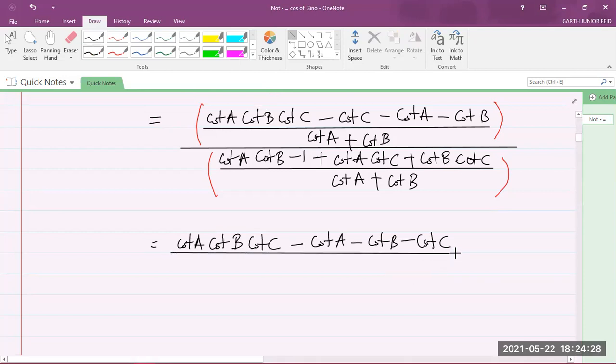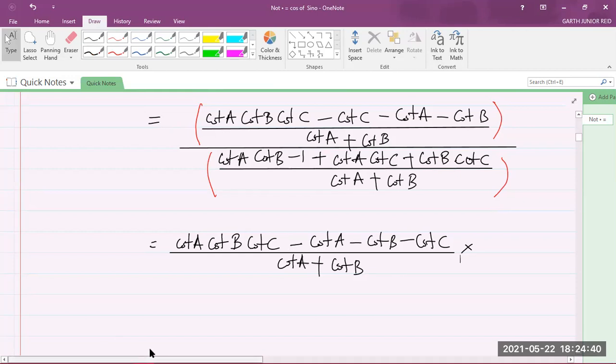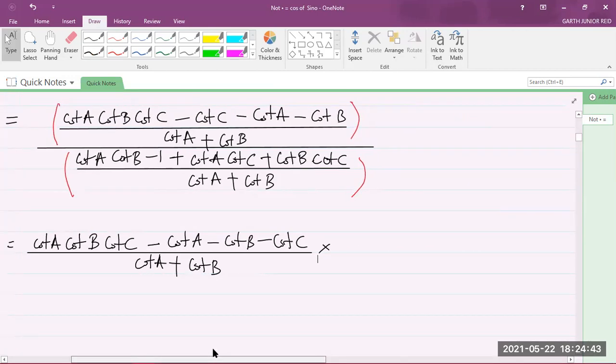And I'm dividing this by cot A plus cot B. That's my first fraction. And I'm multiplying that by the cot of A plus the cot of B. That's my numerator when I reciprocate the second fraction.